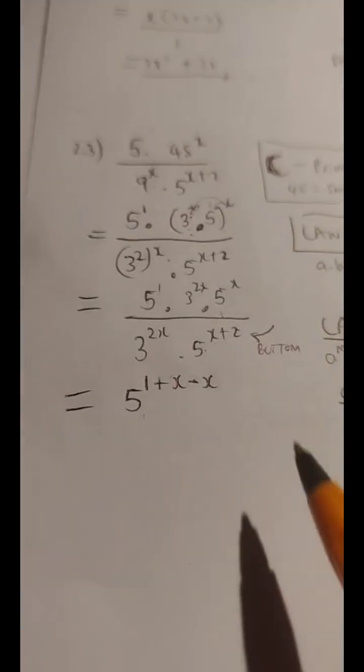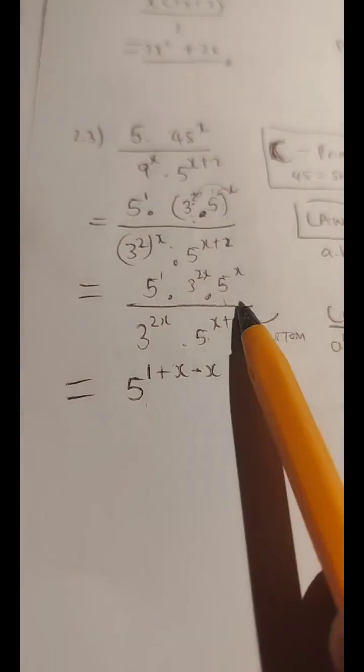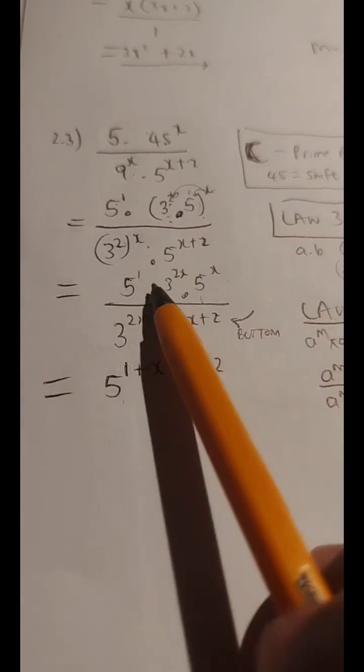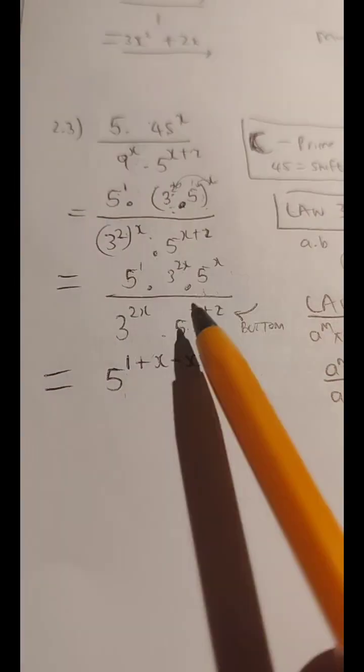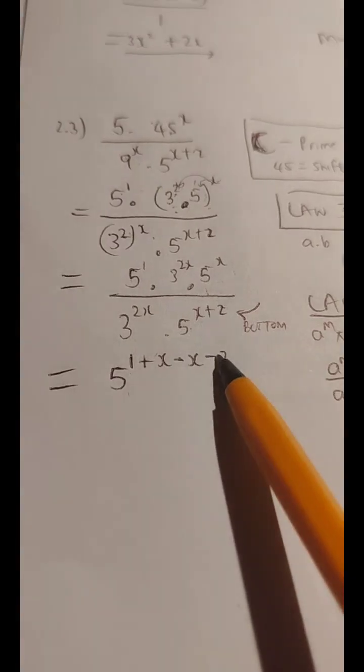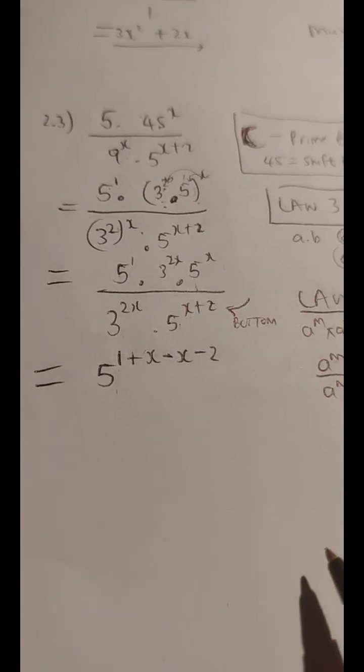We are going to say minus x. So this x, which is positive, when it goes up, it becomes negative. And then this plus 2, which is positive, also becomes negative. Therefore, we have 1 plus x minus x, change of sign, minus 2, change of sign.